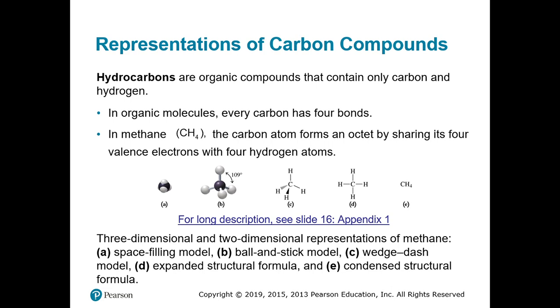Now, hydrocarbons, as I mentioned, have mainly carbon and hydrogen. In organic molecules, carbon has 4 bonds. Why? If you remember from Chem 119, carbon has a valency of 4, so it can accommodate 4 bonds maximum. In methane, CH4, the carbon atom forms an octet by sharing its 4 valence electrons with 4 hydrogen atoms.